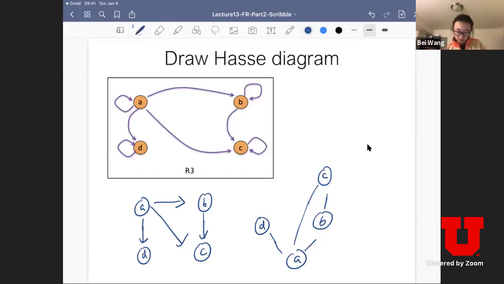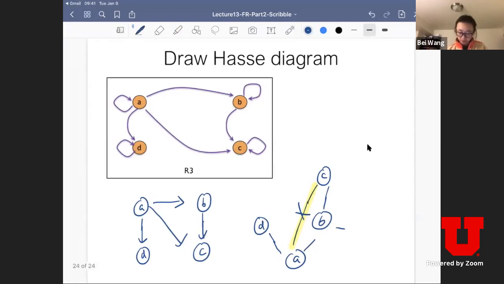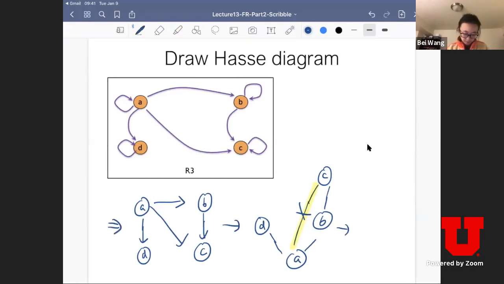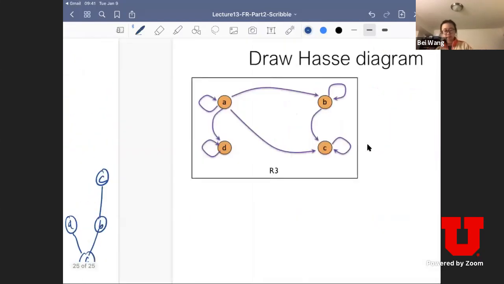But we're not done yet because we need to remove anything that has something in between. So we need to remove this highlighted edge, AC, because there's something in between, which is B. So the final result, the proper Hasse diagram, looks like this. Okay.